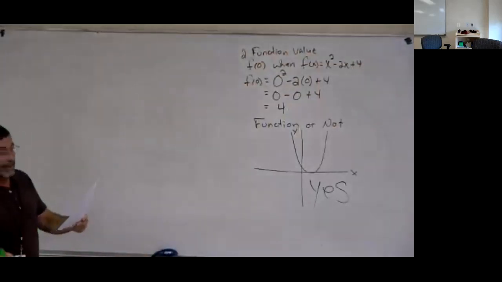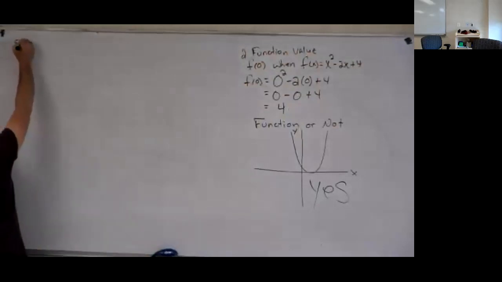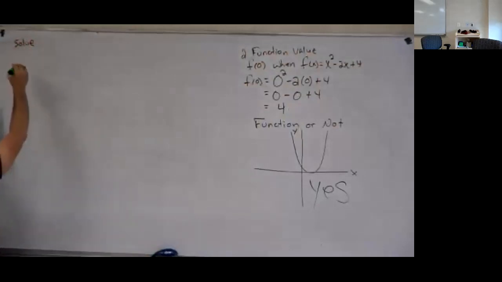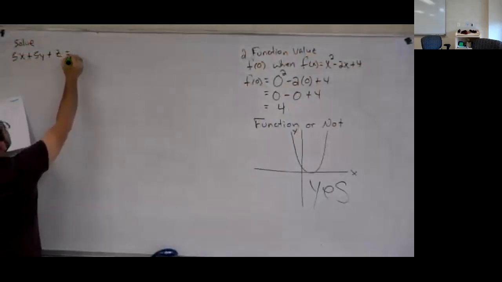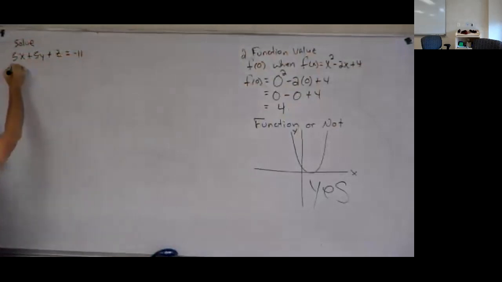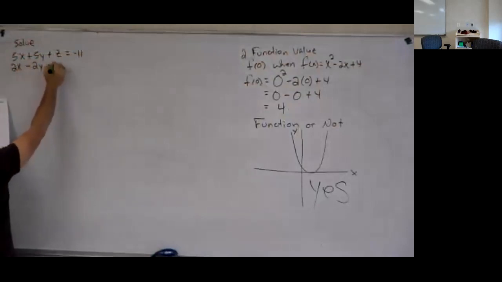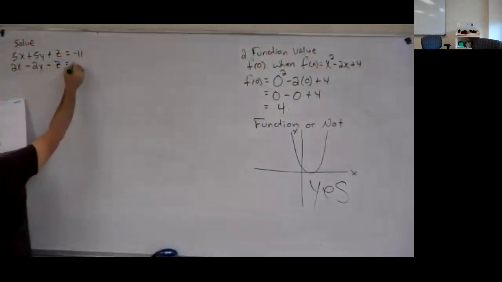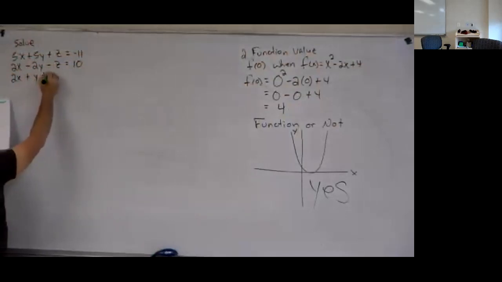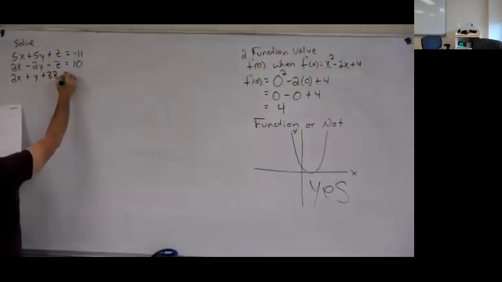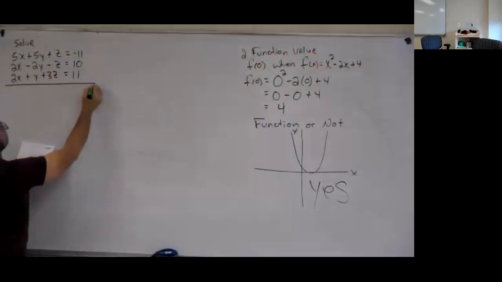All right, so here's the first of the big ones. They want me to solve 5x plus 5y plus z equals negative 11, 2x minus 2y minus z equals 10, and then 2x plus y plus 3z is going to equal 11.